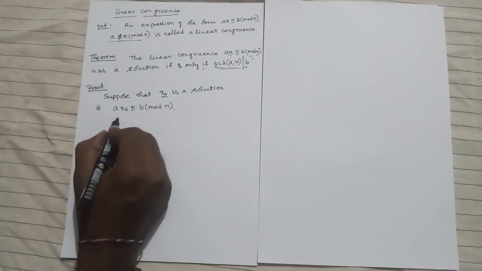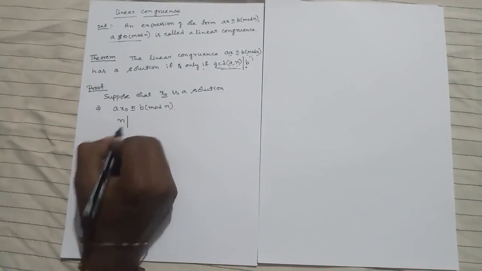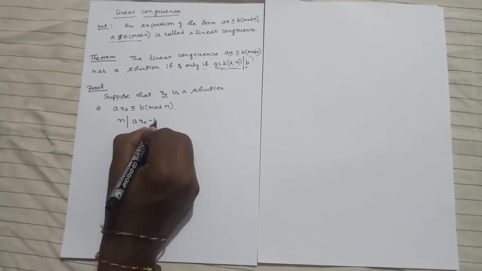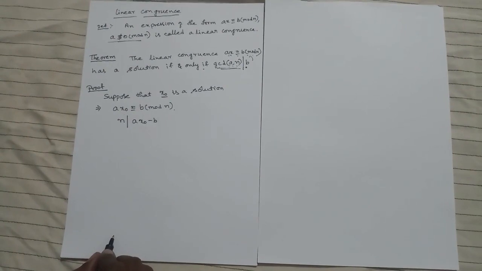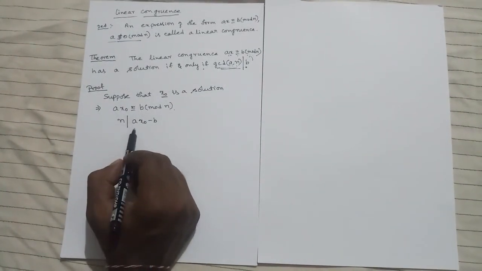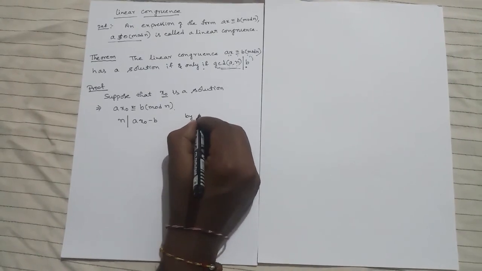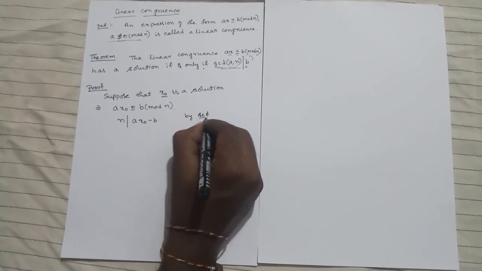This can be written as n divides a x naught minus b.